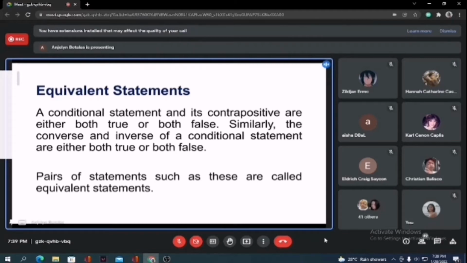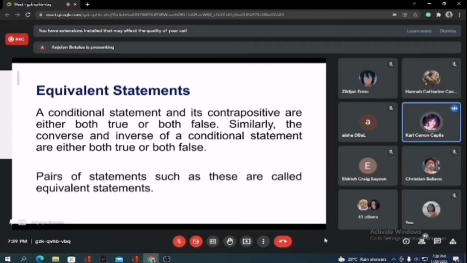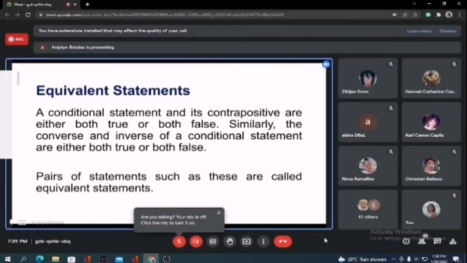Similarly, the converse and inverse of a conditional statement are either both true or both false. Pairs of statements such as these are called equivalent statements. So basically, class, what are the two pairs of equivalent statements?